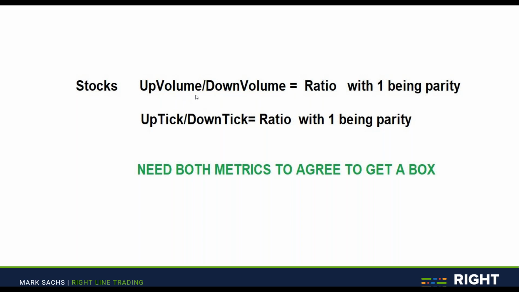So the up volume, down volume ratio, with 1 being parity, and the uptick, downtick ratio, with 1 being parity, have to both agree, and they both have to be 1 standard deviation above the mean or 1 standard deviation below the mean. Now, what was very surprising to me is that you can get a tremendous disparity in up volume versus down volume, but not a huge disparity in uptick versus downtick. And to me, it just doesn't make any sense.